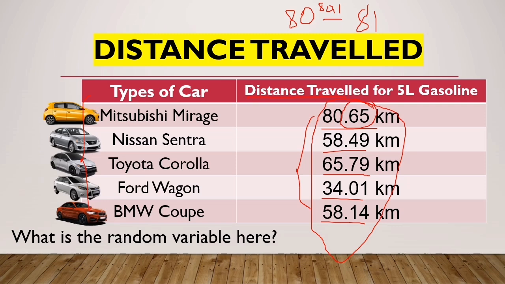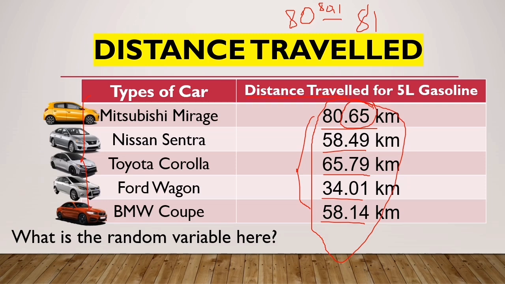So it has infinite values. That's why we do not have whole numbers alone here. We cannot express distance as whole numbers alone, because there are values between whole numbers which can be expressed as distance.